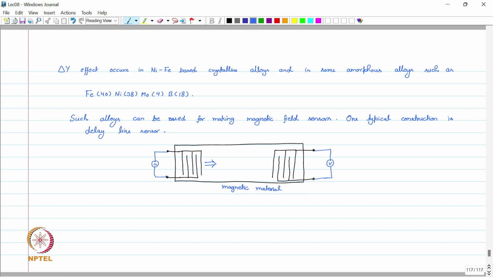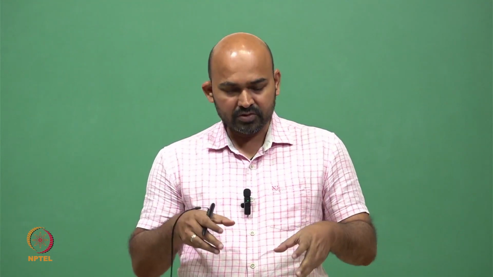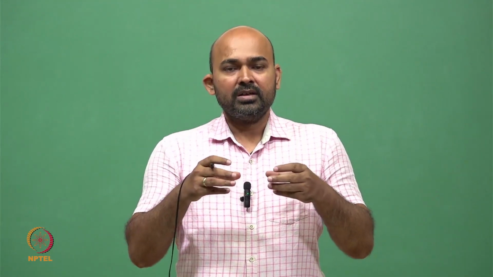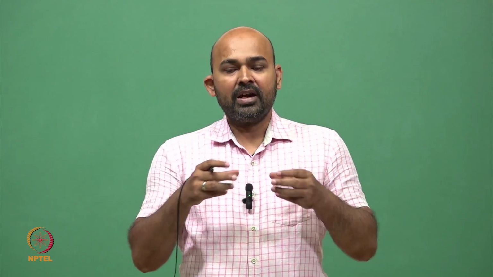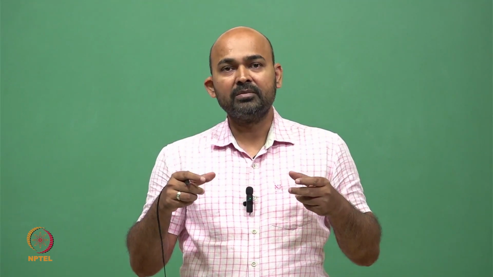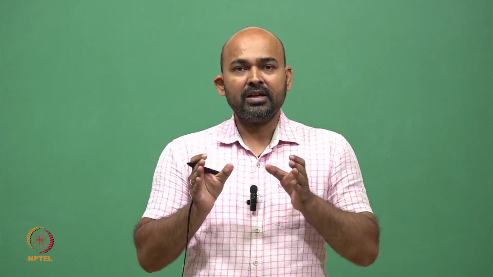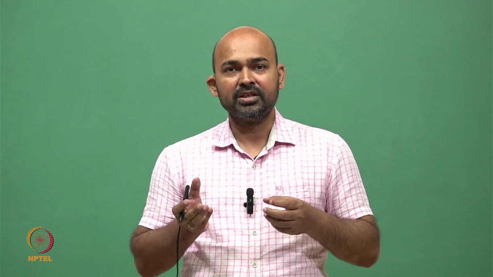Now when we apply a magnetic field on this magnetic material, there is a change in the length because of the magnetostriction. The length of this magnetic material will change, and if the length changes, the delay from the input to the output will change.